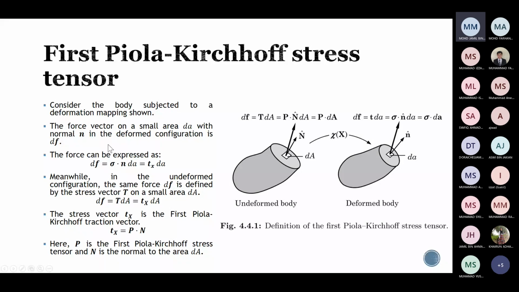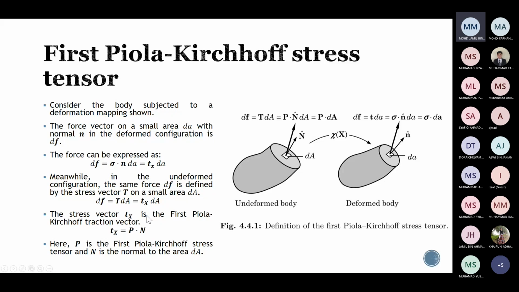Basically, it is the stress that depends on the deformed body, undeformed body. Okay. So this big T, or the T big X here, is the first Piola-Kirchhoff traction vector.